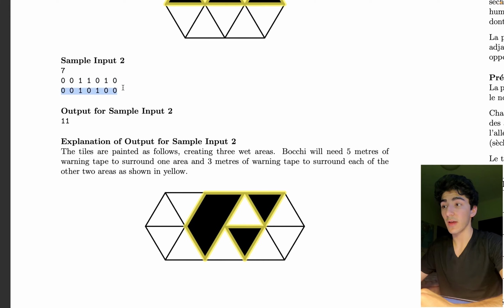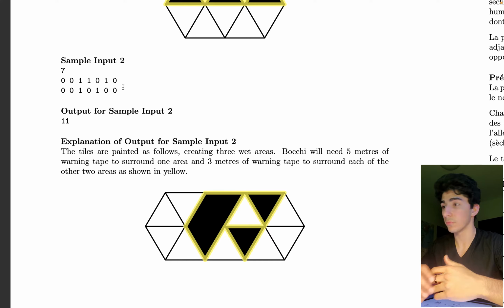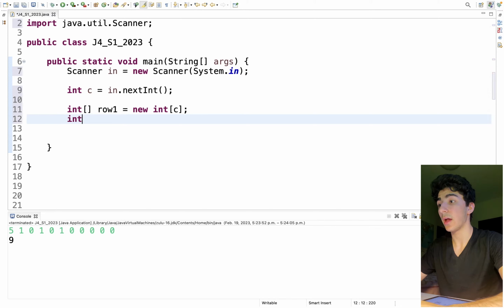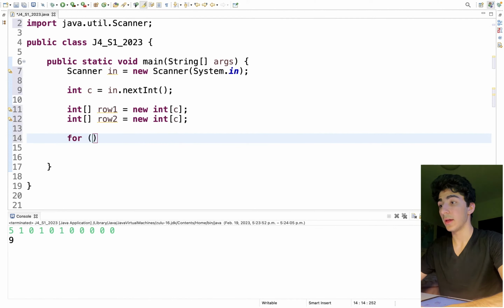We can represent these values, or we can store them in a 2D array, but there's no real point. We'll just have two arrays, with one array called row1 equal to a new int with size C. And we'll create another array called row2 equal to new int with, once again, size C. And we'll just loop through all the values we receive.